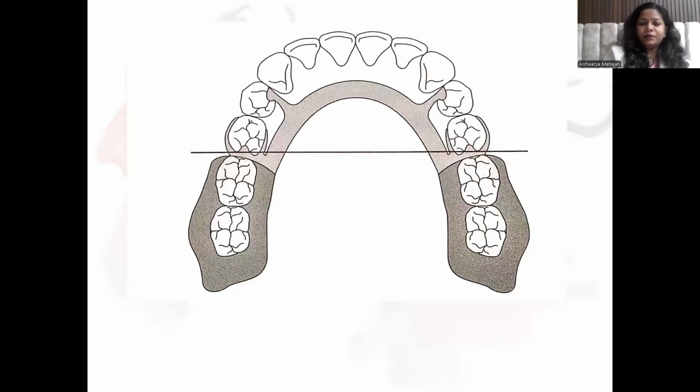Now here we can appreciate that this is the fulcrum line. The fulcrum line is the line that passes through both the primary rests of the prosthesis. And when occlusal forces are applied, the prosthesis tends to move to and fro along this axis.